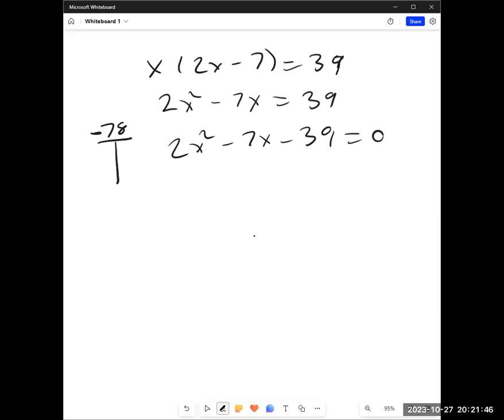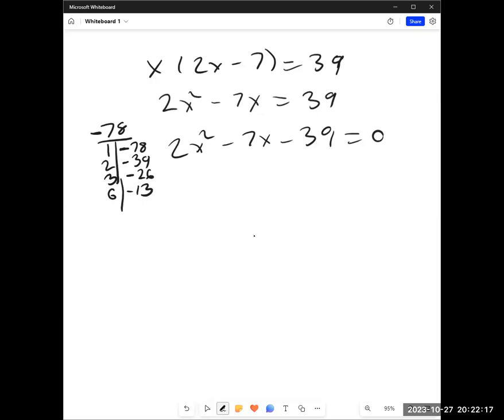Factors of 78 that give me a negative middle term. Six and 13. There we go.